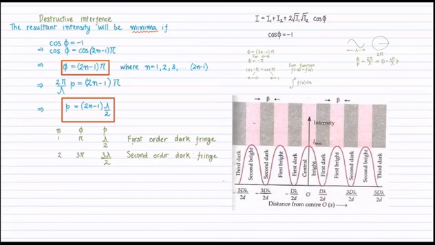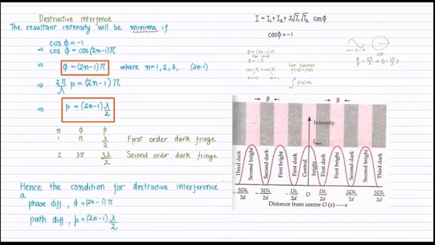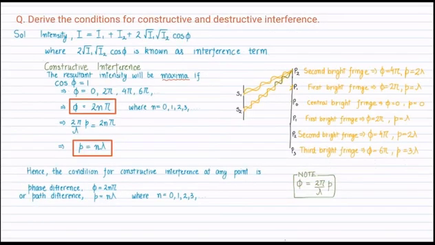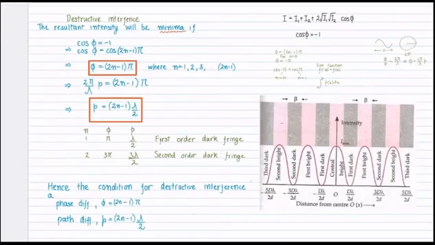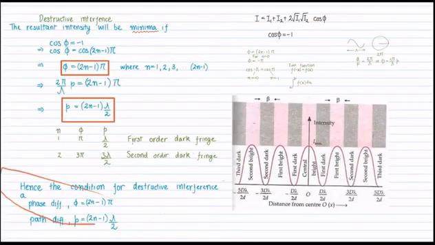So from your board's perspective, the condition of the destructive interference will be: the phase difference should be an odd multiple of pi, and the path difference should be an odd multiple of lambda by 2. Fine. So we have derived the condition for your constructive interference, and we have derived your condition for your destructive interference. Fine.